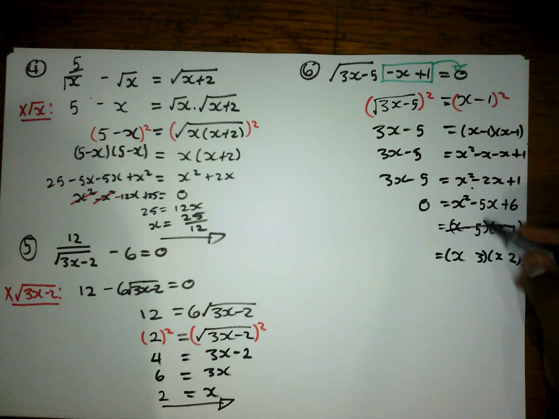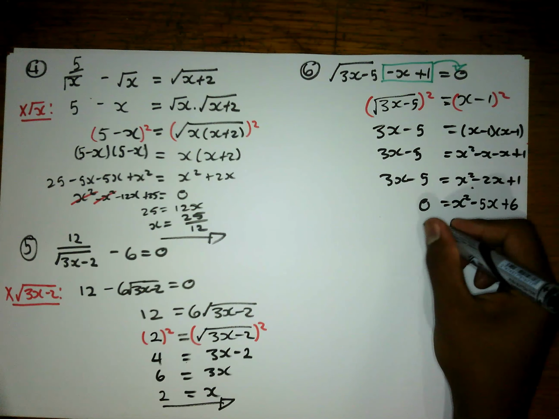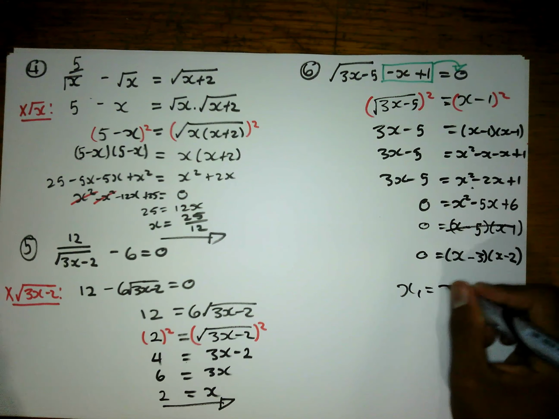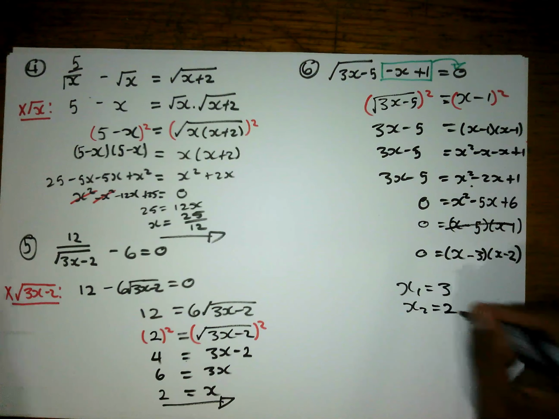And the combination of these numbers, when we add them, must give us a negative 5. So it's going to be like that. So our x1 equals 3 and our x2 equals 2.